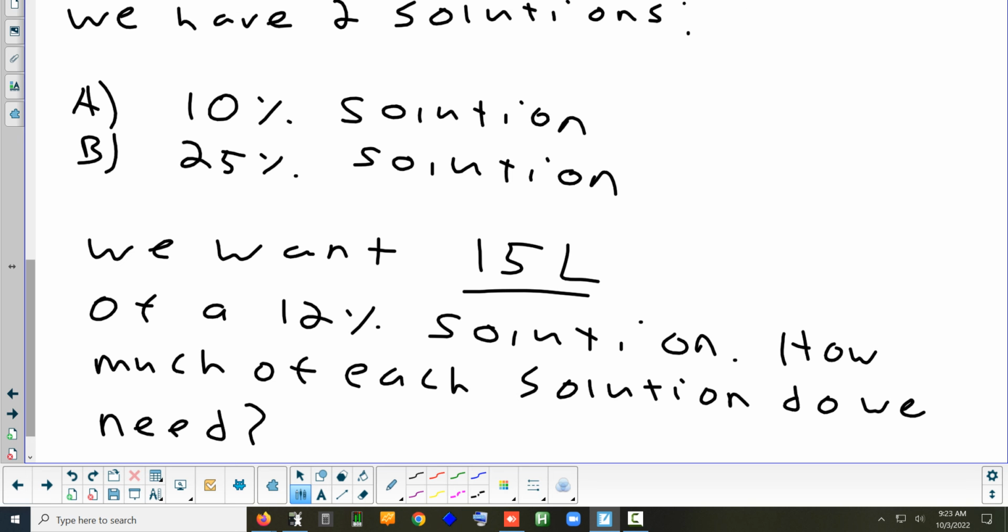But they want the strength of the solution to be 12%. So you have to mix the right amount of 10 and the right amount of 25 to get 12%. So it's like concentrations. And you have to end up with 15 liters. Because they want you to end up with a certain amount, and they want that to have a certain concentration, that's why you need two equations.